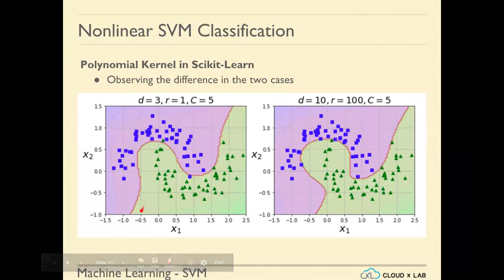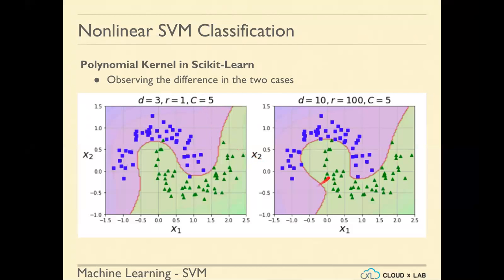So these are two features, x1 and x2. This is one class, this is another class, and here this is what is generated for d equals 3, as in the polynomial degree is 3, the coefficient is 1, and the street is 5.